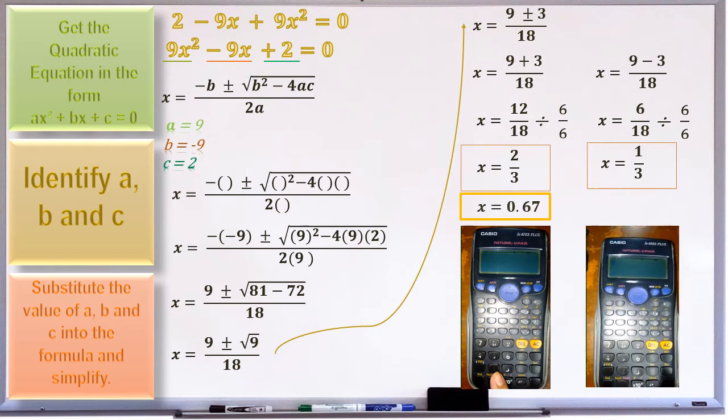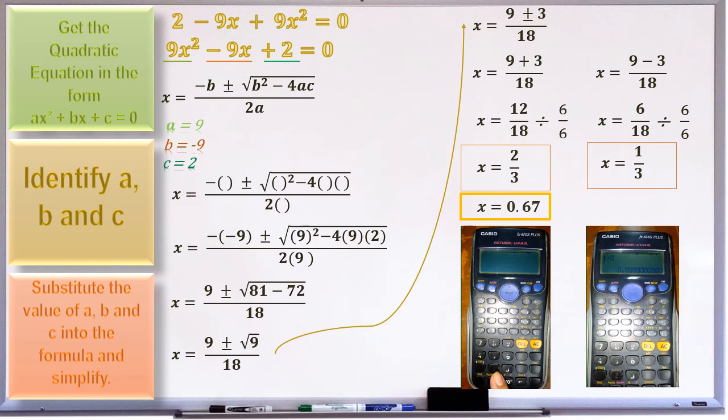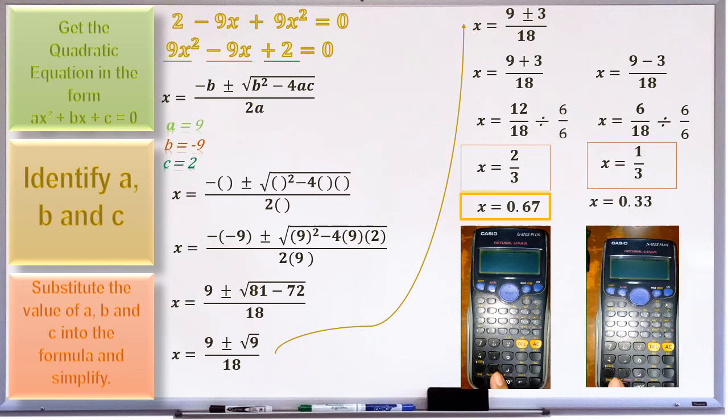So 1 divided by 3 equal sign. Then find the button which is S to D to make it a decimal number. Then use two decimal places. So we have 0.33. So the value of x is 0.67 and 0.33.